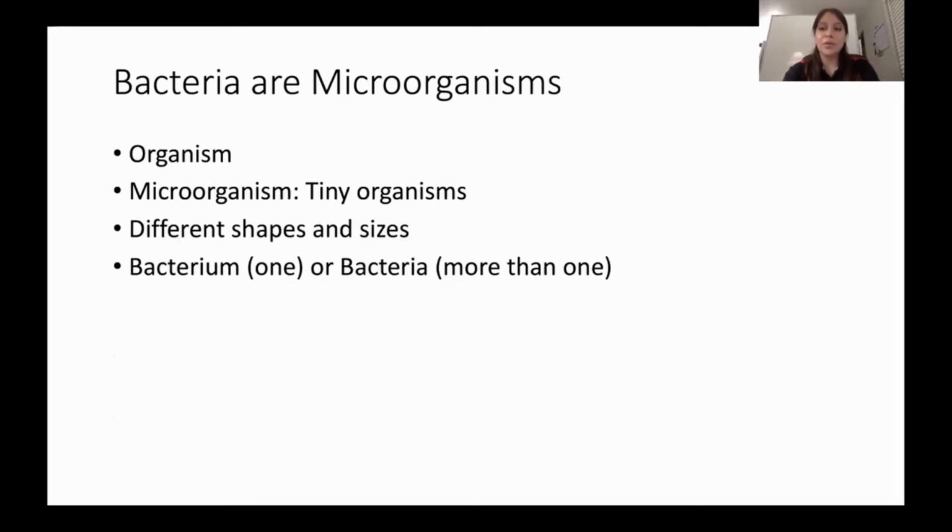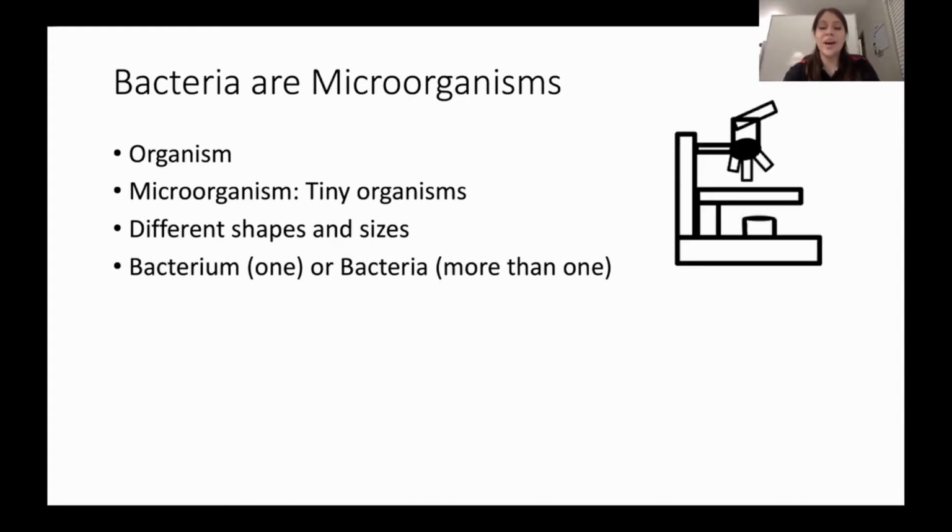Let's talk about microorganisms. If we break down the word into micro and organism, we get the meaning. Micro means teeny tiny, something that you can only see with the help of a microscope. A microscope is kind of like a super powerful magnifying glass. The other part of the word is organism. We just discussed what organism is, and now you know the meaning of it.